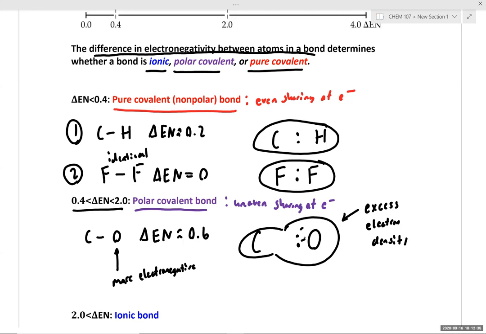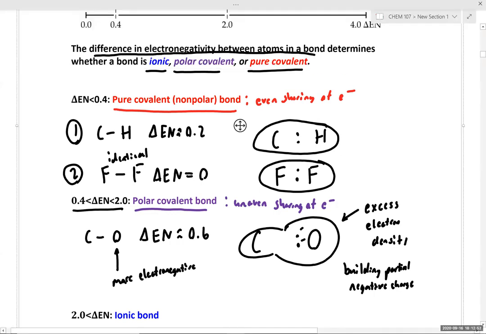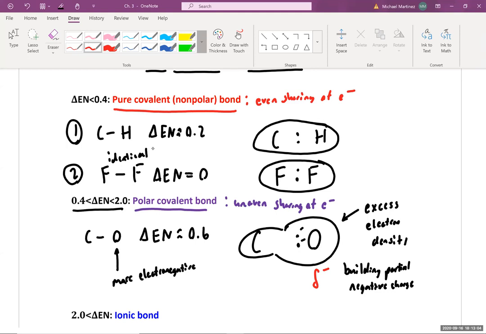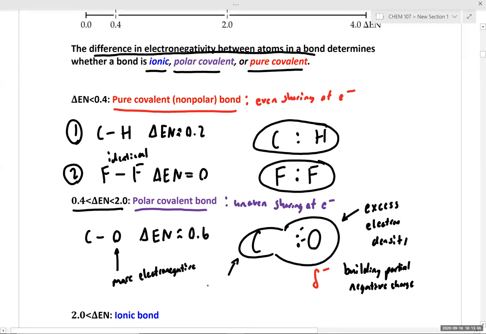So because we have excess electron density, we end up building a partial negative charge. So our oxygen starts to gain a partial charge because it has excess electron density. Likewise, our poor carbon atom is electron deficient.